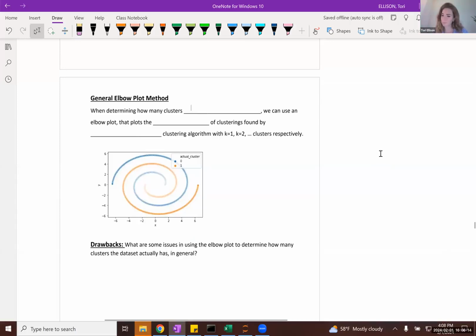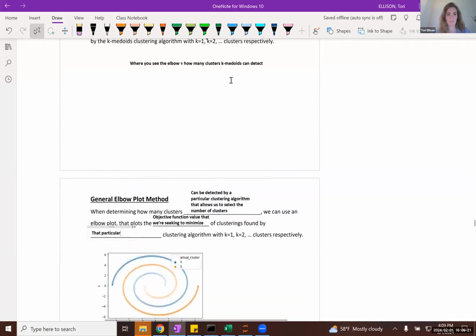So we might simply say, when determining how many clusters can be detected by a particular clustering algorithm that allows us to select the number of clusters, then we can use the corresponding elbow plot that plots the objective function value that we're seeking to minimize of the clusterings found by that particular clustering algorithm.